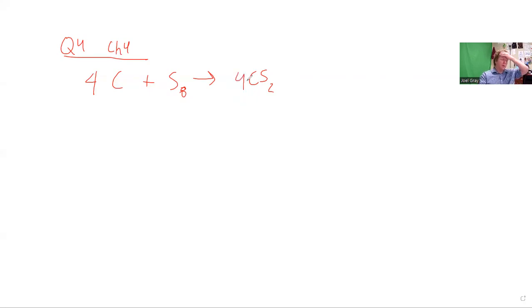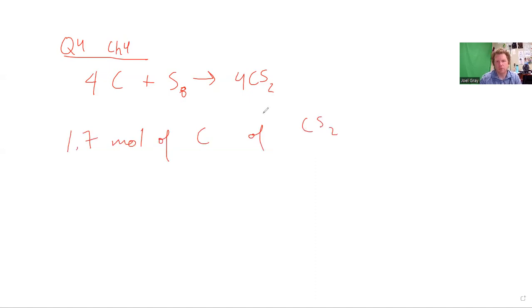So 4 carbons plus S8 yields 4CS2, and then it provides you with 1.7 moles of, let's go with C. The question is asking, we need to determine the amount of CS2.